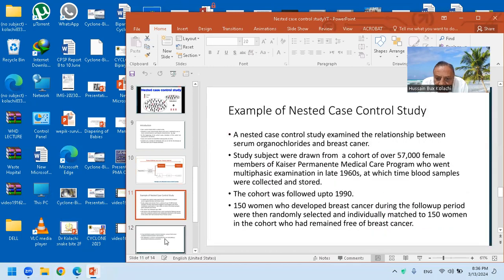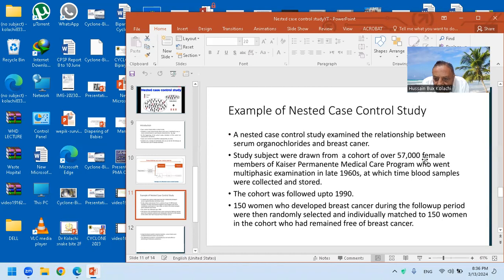This is one example of a study that I am showing. Cancer, Permanente medical care. It started in 1960 and continued up to 1990, and here they had serum organochlorides. Serum organochlorides were the suspected elements for breast cancer.